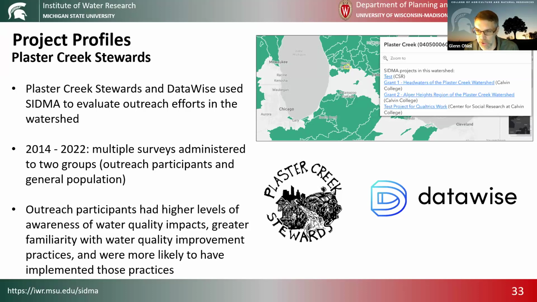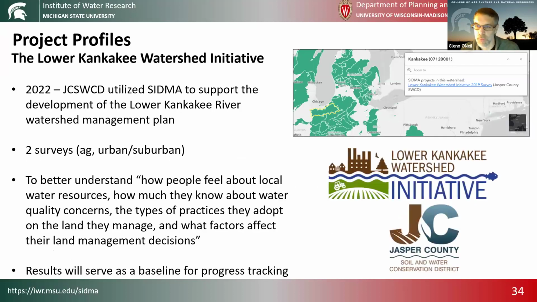And then one more project to highlight, the Lower Kankakee Watershed Initiative. This is a more recent project. In 2022, they utilized SIDMA to support the development of their watershed management plan. They administered an ag-focused survey and a more urban and suburban-focused survey within the watershed.